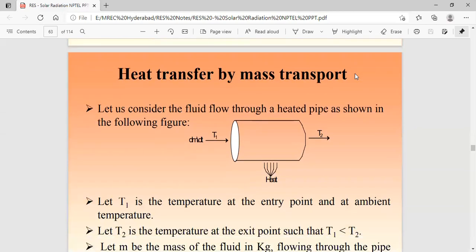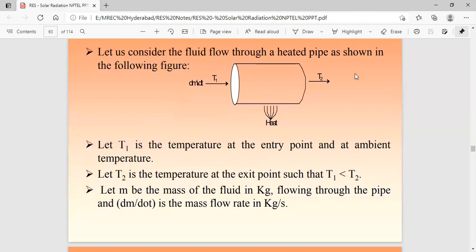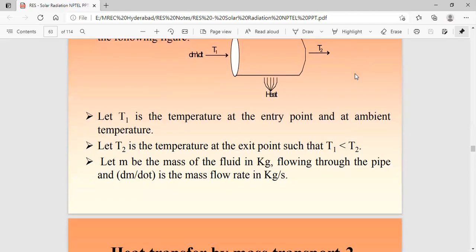Next, we will discuss how heat is transferred by mass transport. Let us consider fluid flow through a heated pipe as shown in the figure. Let T1 be the temperature at the entry point, at ambient temperature. Let T2 be the temperature at the exit point such that T1 is less than T2. Let M be the mass of the fluid in kg flowing through the pipe, and dm/dt is the mass flow rate in kg per second.